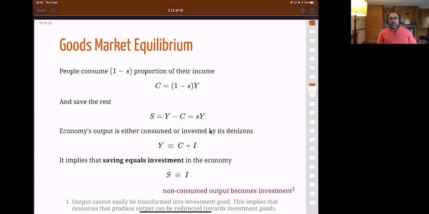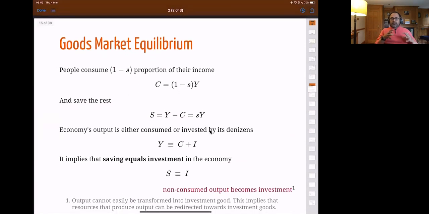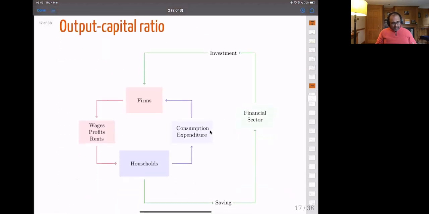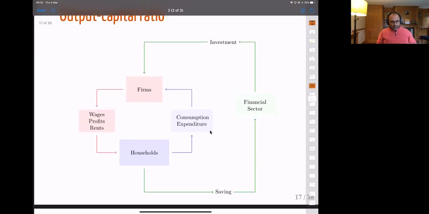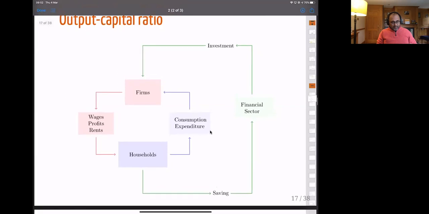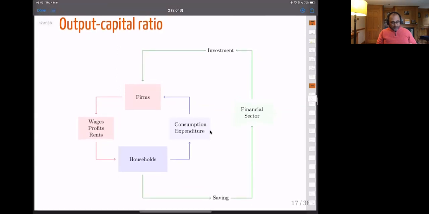Okay. So now we are ready to use the production function and try to understand how the growth process works. I'm going to jump a couple of slides and look at this diagram, which is quite useful in terms of understanding how the growth process works. What is this diagram telling you?